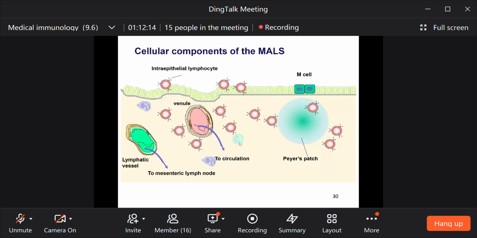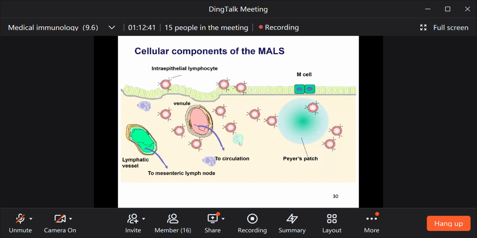The lymphatic vessels are responsible for transferring the lymphocytes, and the venule transfers the blood, and so many kinds of lymphocytes arrive here to wait for the infection.